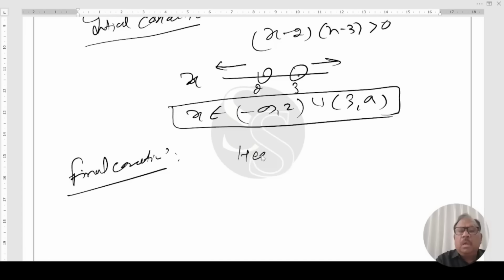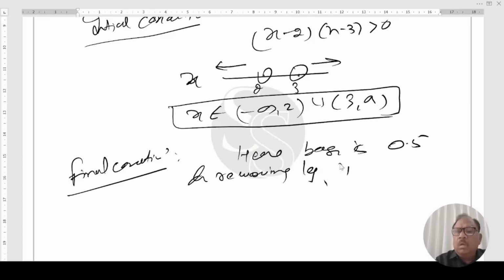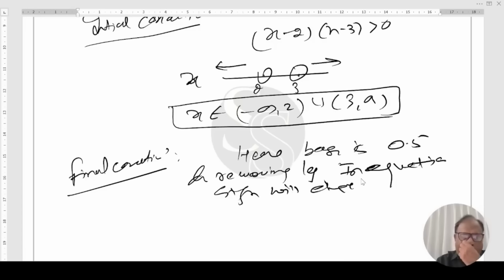Here base is 0.5. Now on removing log in the equation, the sign will change.